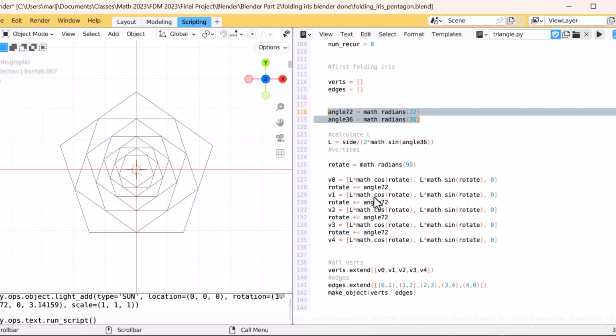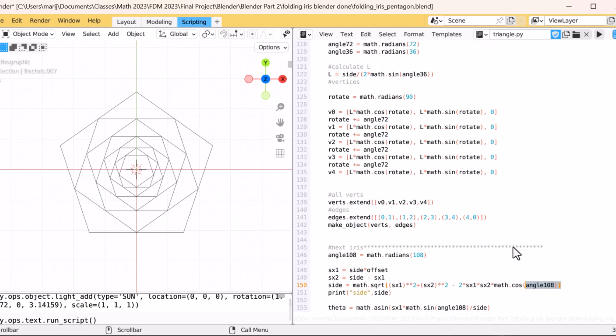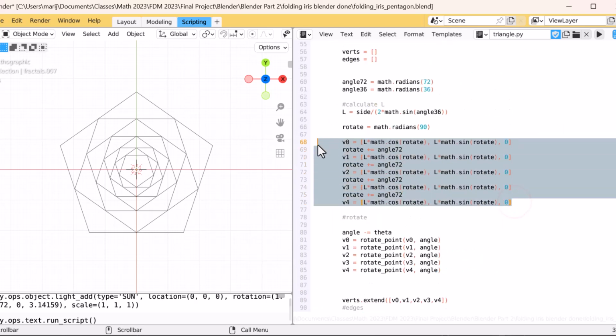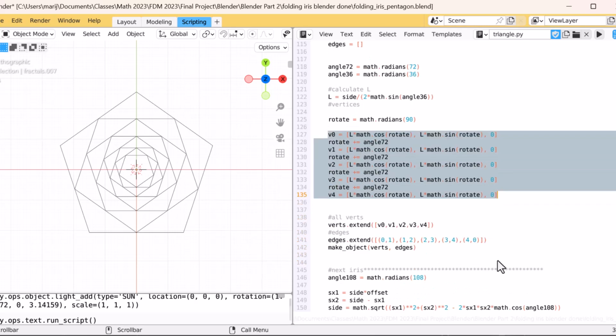Then you're also going to have to calculate this internal angle for your polygon. And you're possibly going to have to add some more points. If I go down here, if you have a hexagon, you're not going to have 5 points, you're going to have 6 points. So there's going to be a couple of changes here, but that is what you're expected to do.